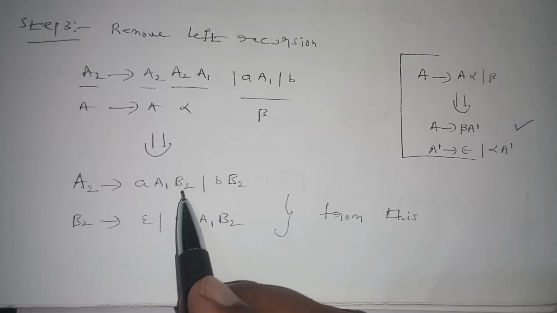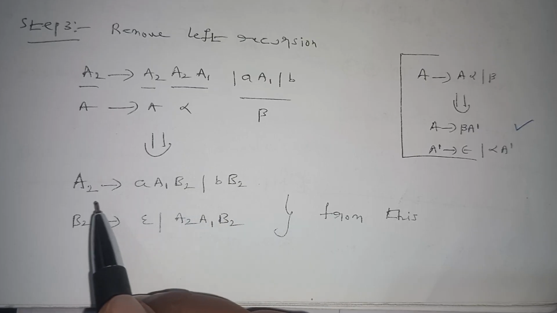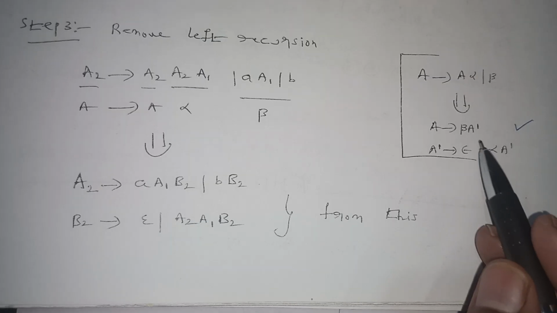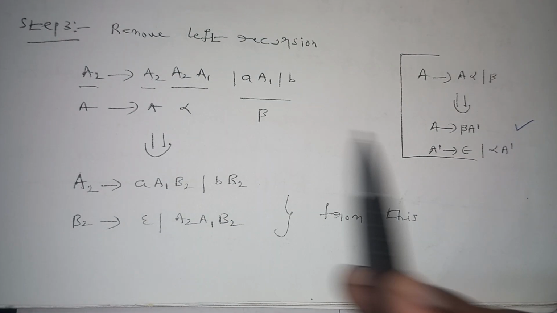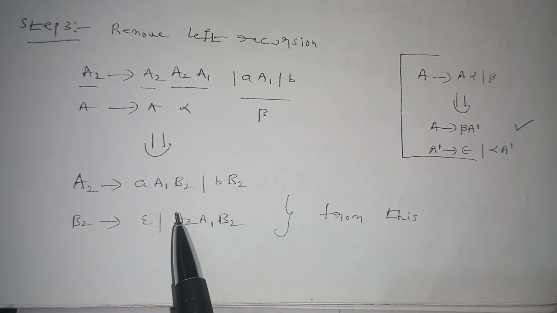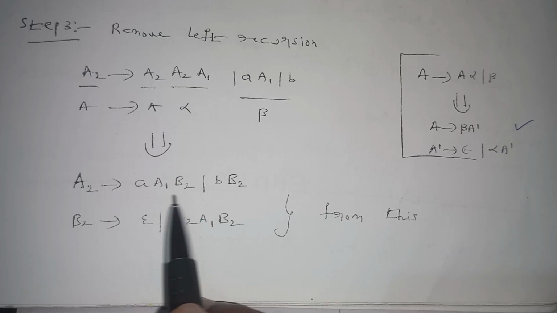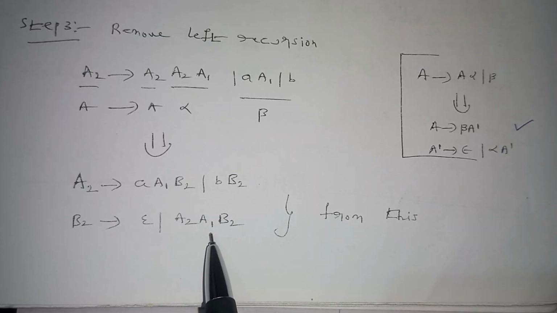In the place of B2 you can take A2 dash, no problem, that is up to your choice. Very simple: for this I am applying this formula, then you will get this. A1 B2 or b, B2 tends to epsilon or A2 A1 B2.